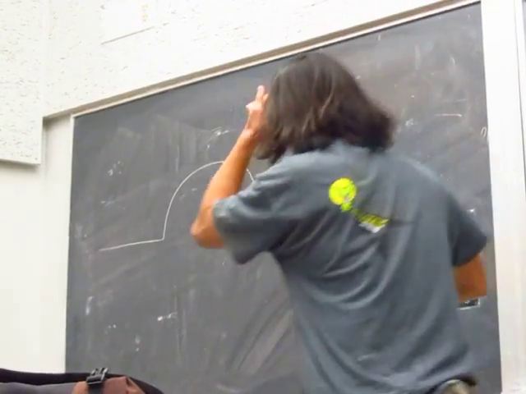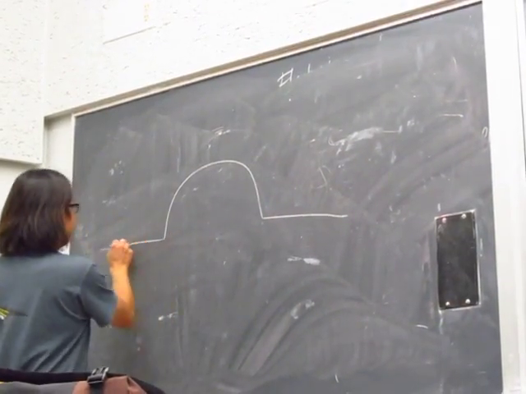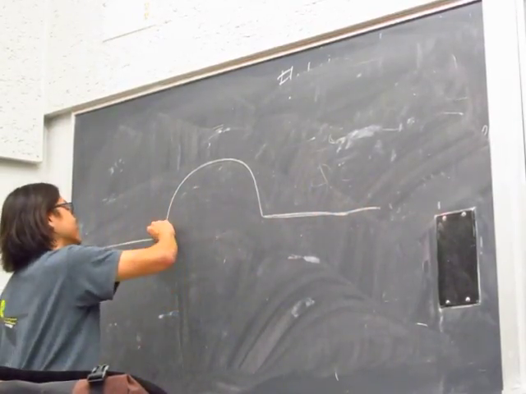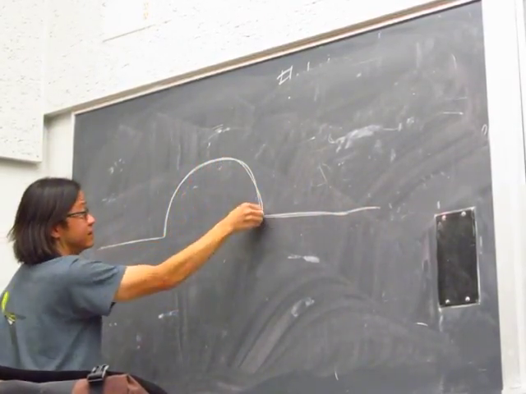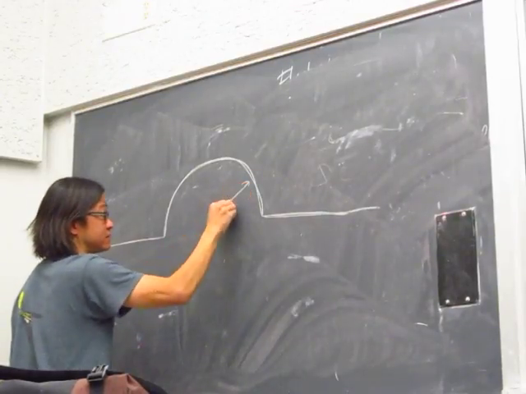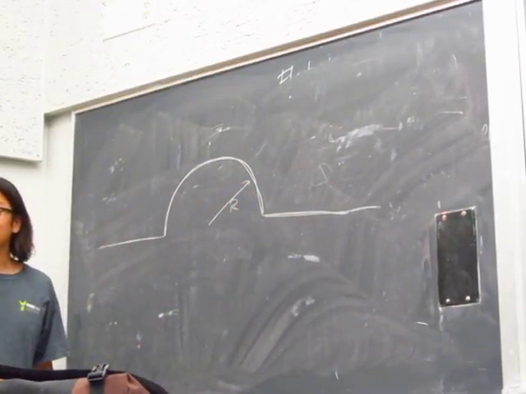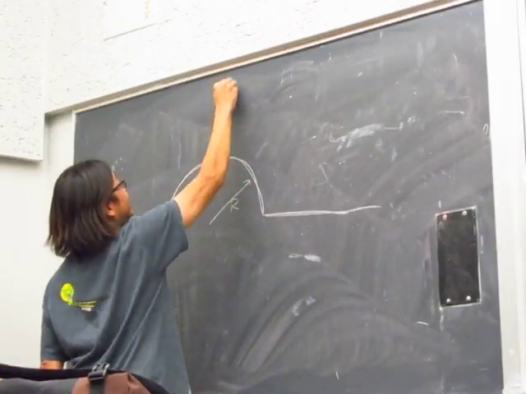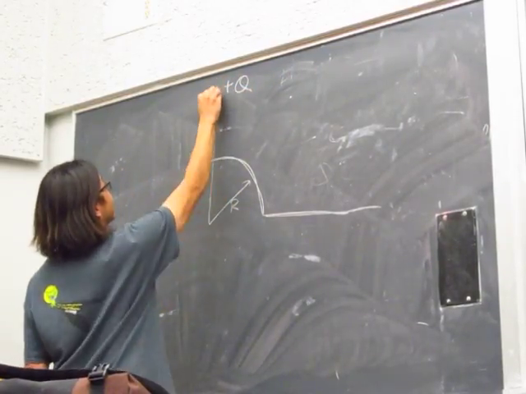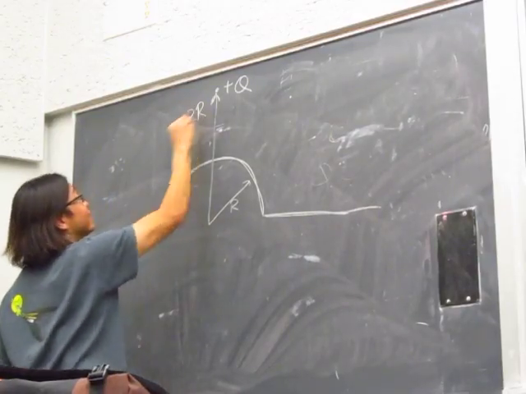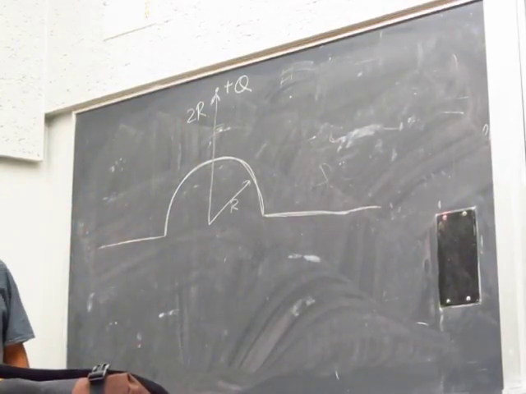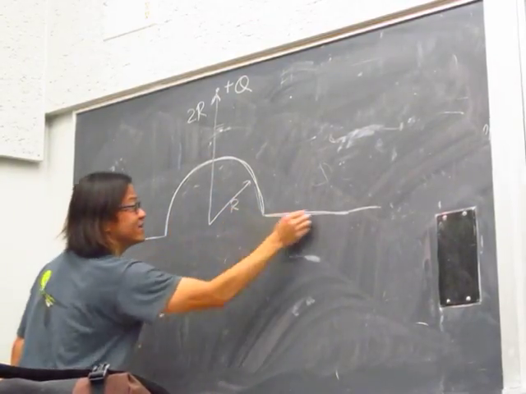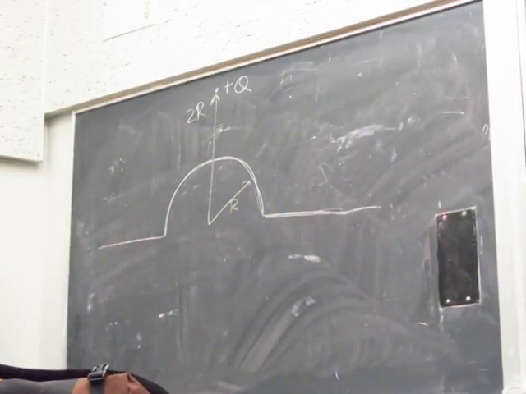So what you have is a plane conductor, and then a hemisphere of radius r. And you put this q at 2R. And you're supposed to solve for the charge distribution over here.